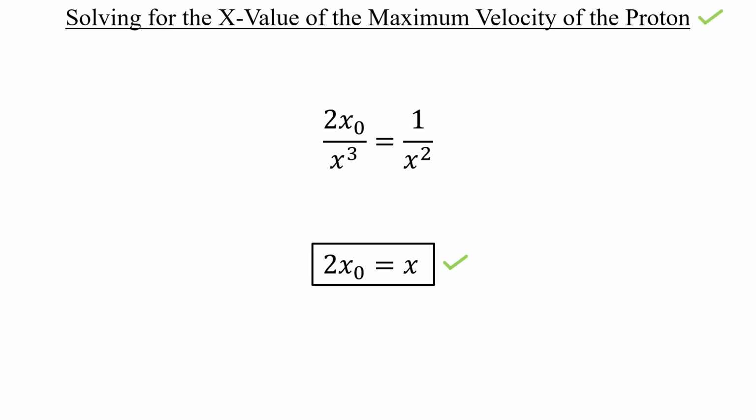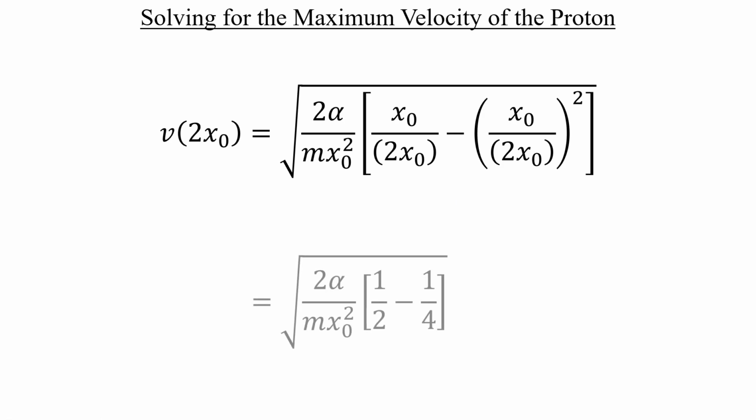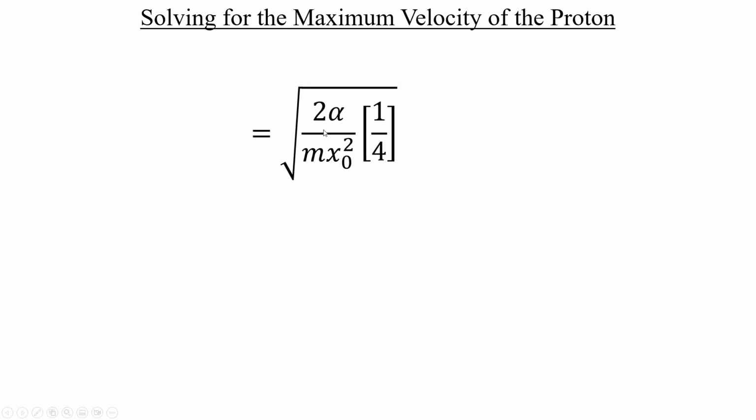Let's grab this and plug it into the velocity function. Inside the square brackets, the x naught terms will divide out, and we'll be taking 1/2 minus 1/4 there, which is 1/4. The 2 divided by 4 here can be simplified to 1/2.